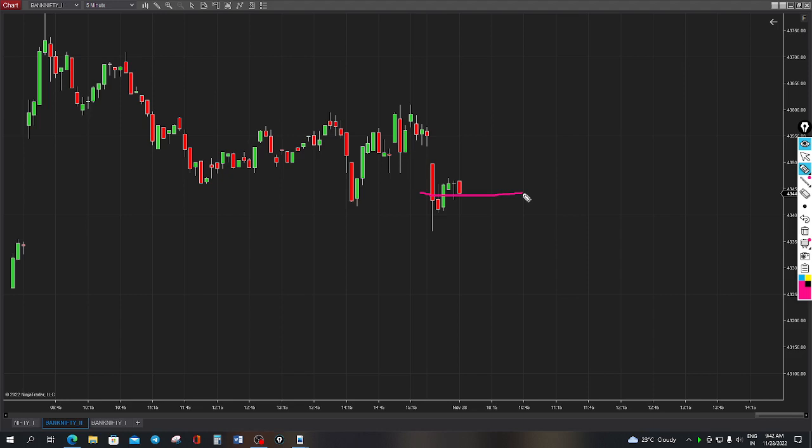This is the control point. This candle bottom is a stop loss for me. The red candle bottom.